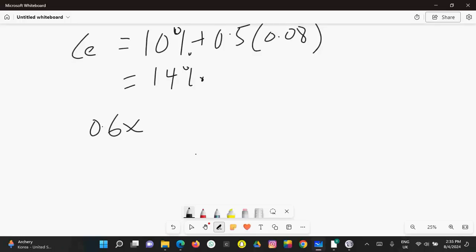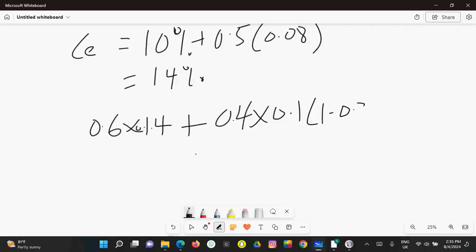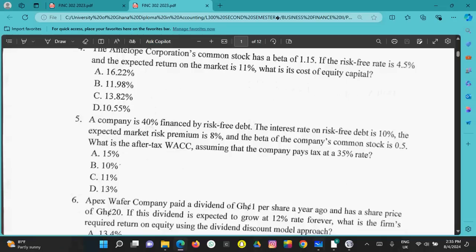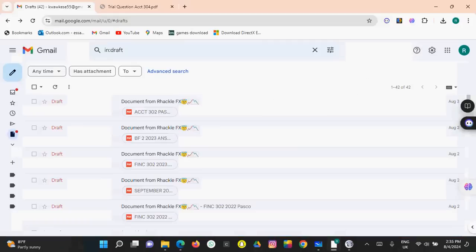So 60% times the cost of equity 0.14, plus the debt component 0.4 times the interest of 0.1, and then the tax savings of 1 minus 0.35, since it's 35%. So doing all this, we are going to get 11%, which is giving us answer option C for question 5.